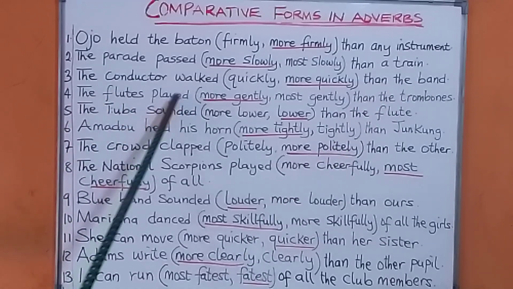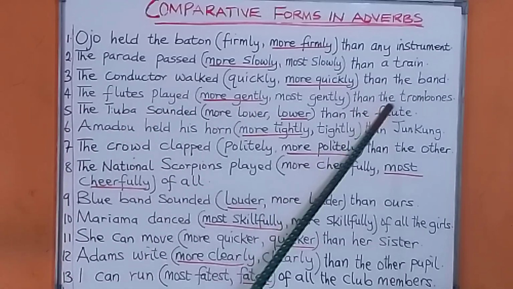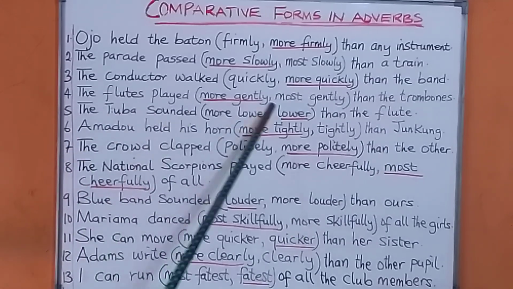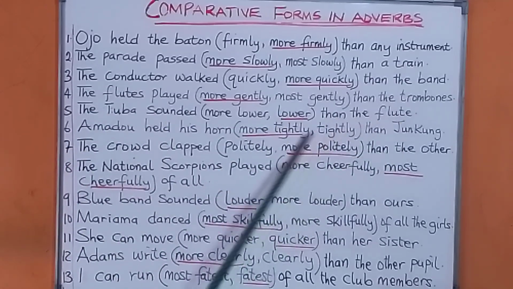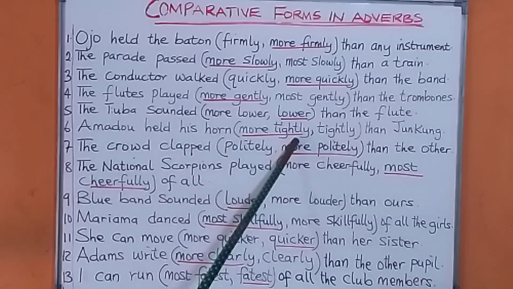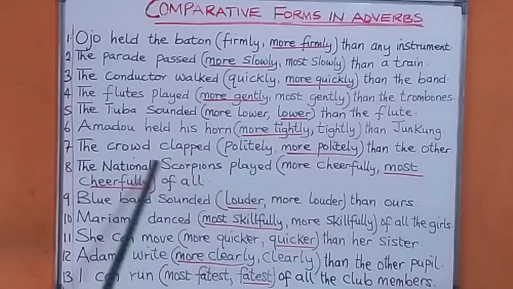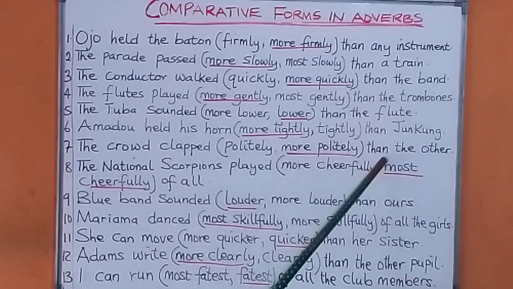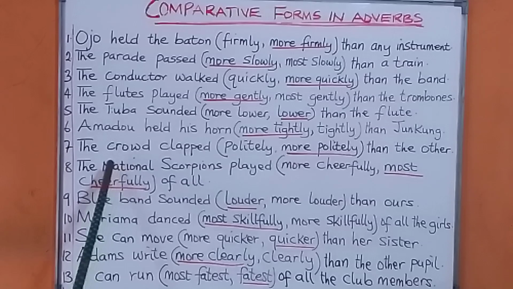The flute played more gently than the trombones. The tuba sounded lower than the flute. Amodu held his horn more tightly than Junko. The crowd clapped more politely than the other.